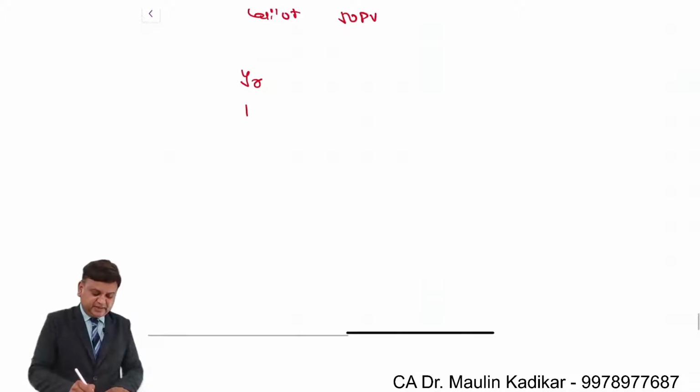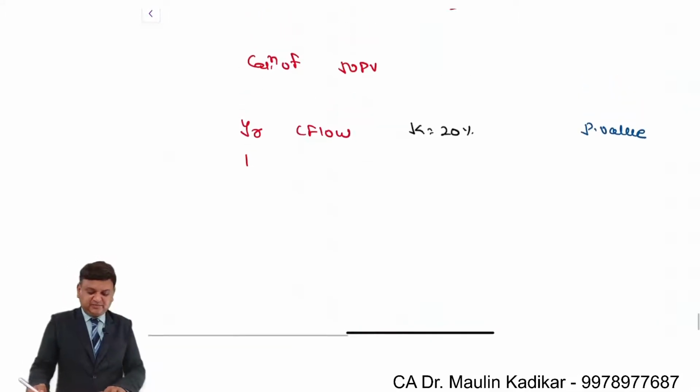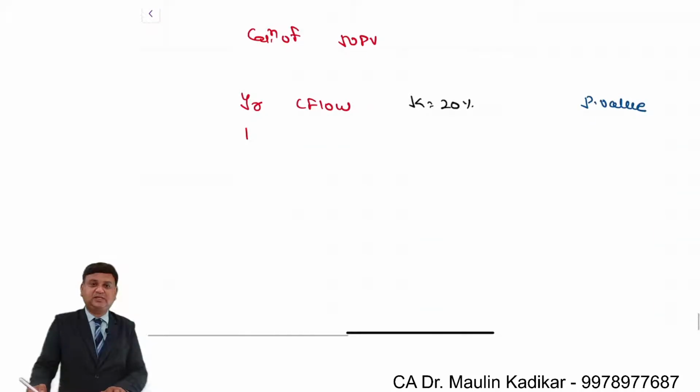This is the way we'll make the computation of the cash flow, which will be discounted at the rate of 20%, and we will compute the present value. From present value of the cash inflow, investment is deducted for NPV calculation. This is the way NPV will be found.